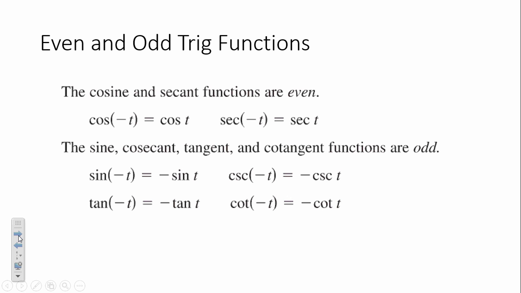So the sine of -30 would be -1/2. Okay? Sine of 45 is square root of 2 over 2. So the sine of -45, 315, is going to be negative square root of 2 over 2. Likewise for cosecant, tangent, cotangent. Everybody cool with that? Nothing earth-shattering here. Okay?